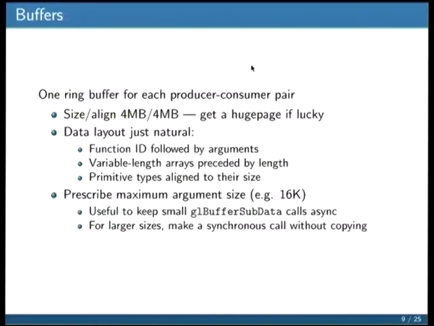For storing the function IDs and call arguments, I'm using a big ring buffer, a huge page, if I can get it. So when the application makes a GL call, the fake implementation just lays out the data in a natural way. So function ID, then arguments with natural alignment.